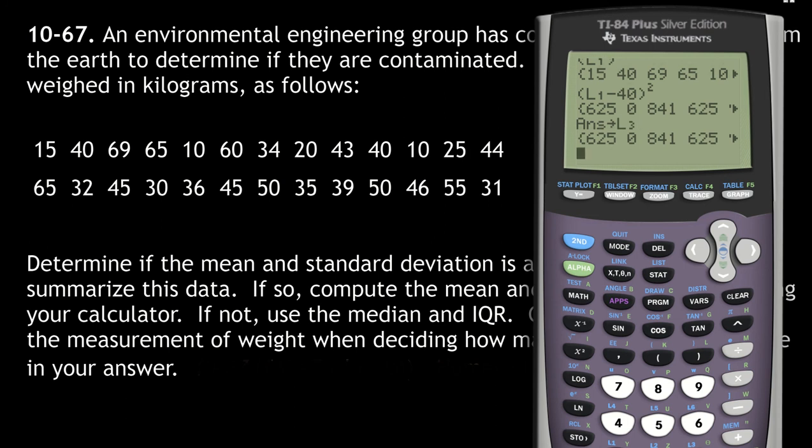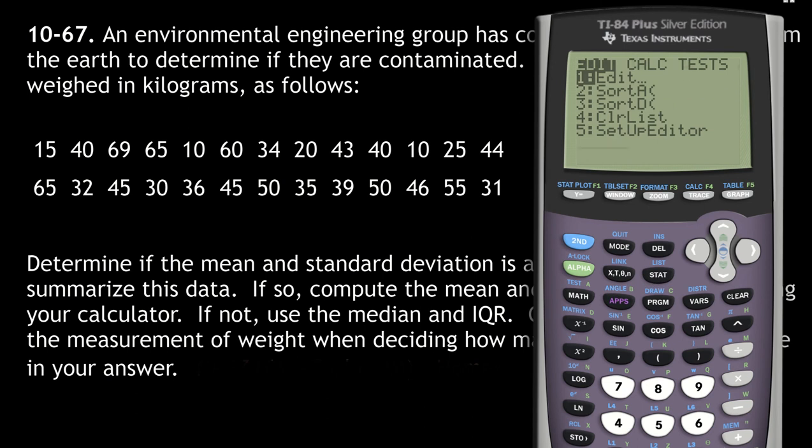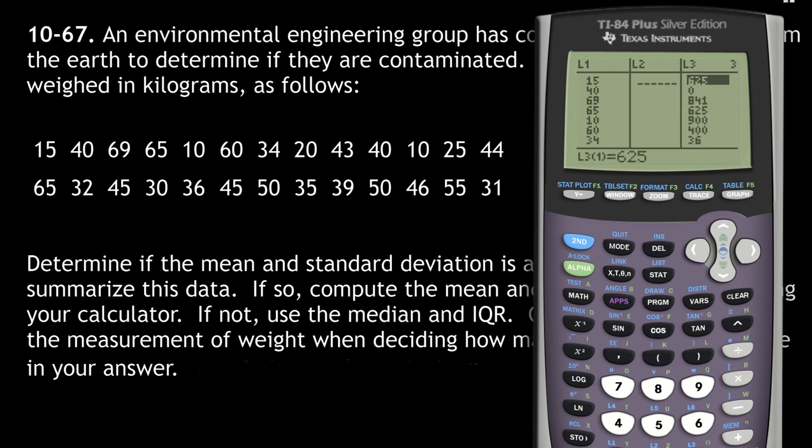So right now, this list is in list 3. If I go back to my stats editor, you can see I've got list 1, and over there I've got list 3, which is what? Those numbers are all of the differences between a number in this list and 40, squared. It's the square of the difference between each number and the mean of this data set.